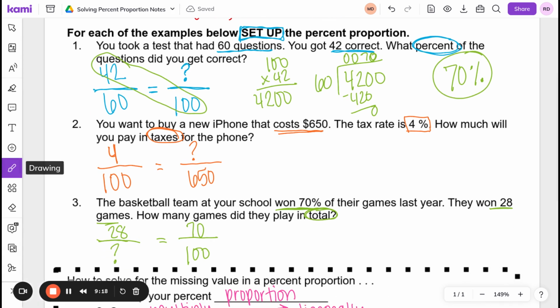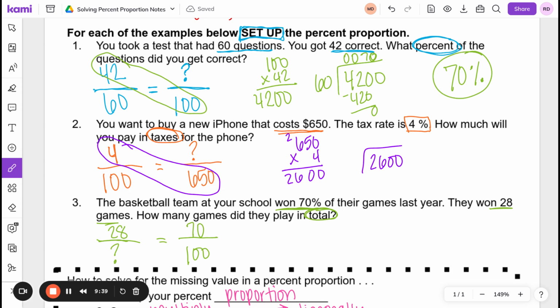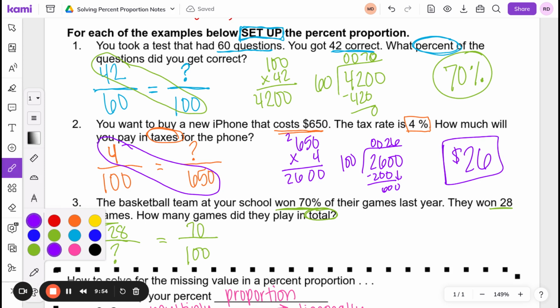All right, the second problem, we're trying to find 4% or the taxes you pay. So same process, we're going to multiply diagonally. So 650 times 4 is 2,600. And then we're going to divide 2,600 by 100. So you have an extra $26 in taxes.